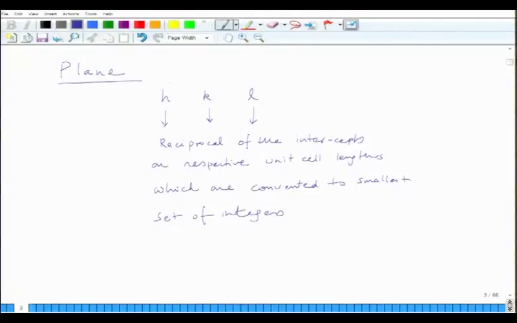So, H, K, L all three are integers. They can be positive as well as negative.